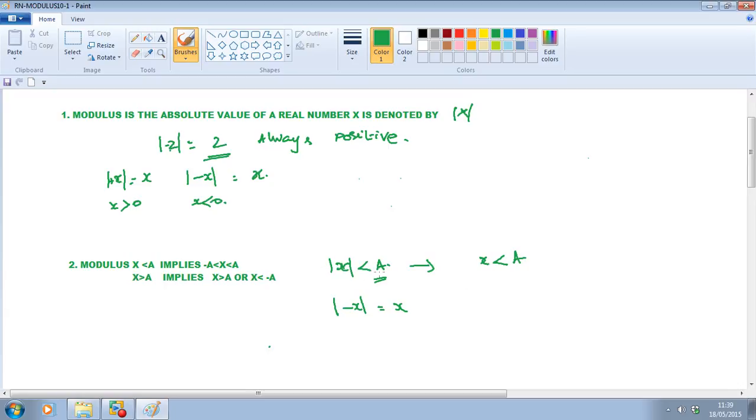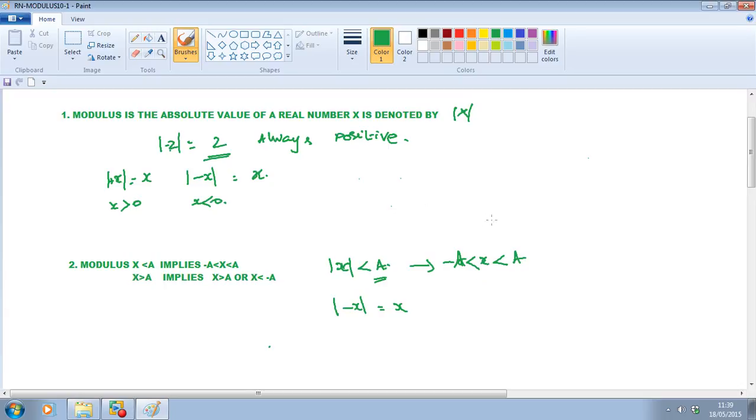When modulus x is less than a, it implies x ranges between minus a and a. That is, minus a is less than x, less than a. So this a decides the value.